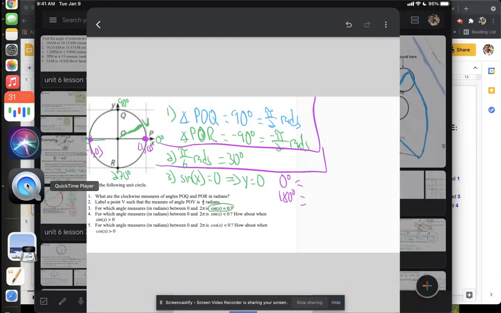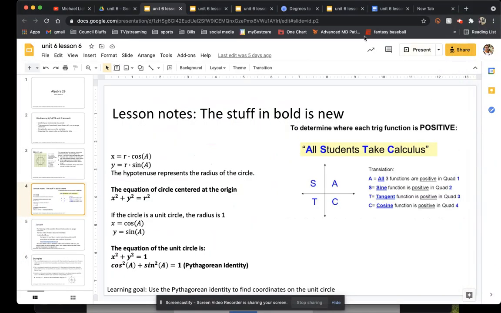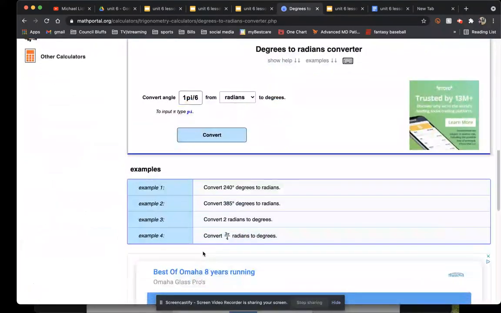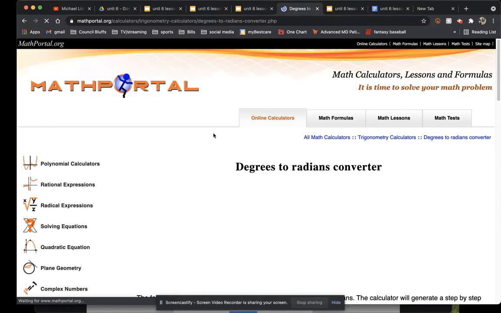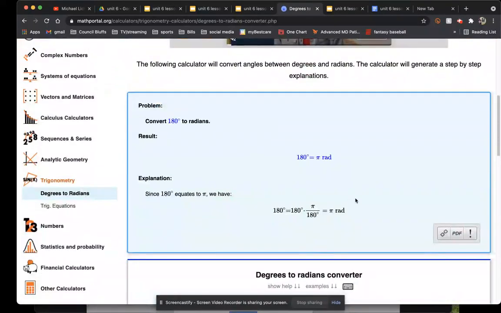Well, 0 degrees is going to be the same as 0 radians. Okay, 180 degrees. Let's go to our calculator. Converting 180 degrees to radians gives pi radians.